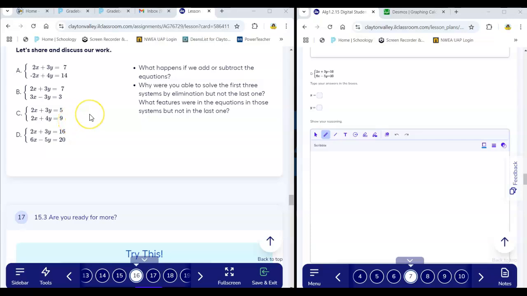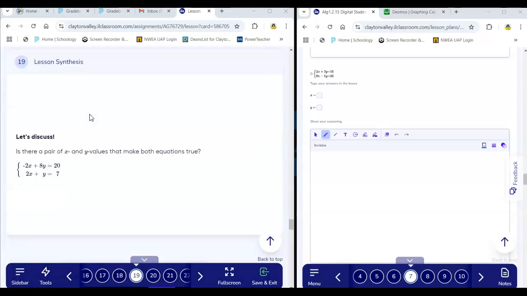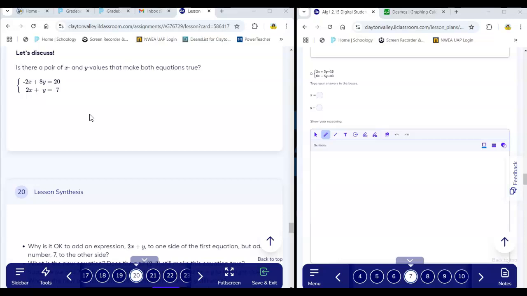So let's talk about this last piece. Is there a pair of x and y values that make both of these equations true? And the answer is yes, there is. And so they ask you another question.